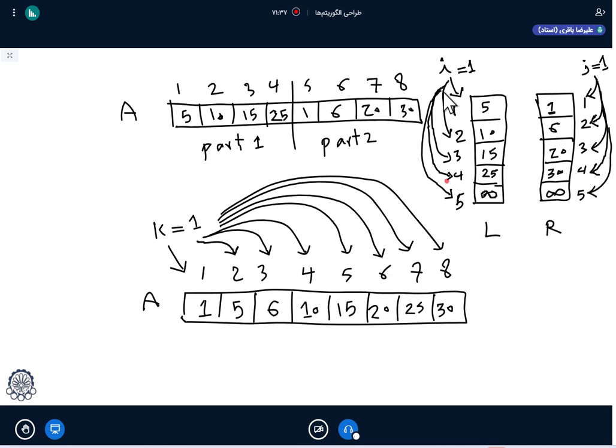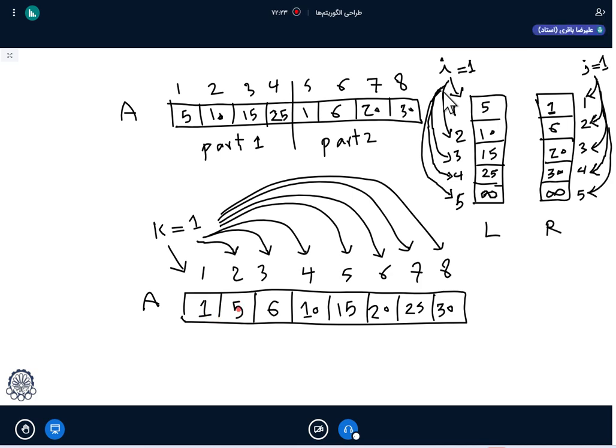At last, index I is the index of the infinity in L, and index J is the index of infinity in R, and all of the elements of L and R are copied into A. Because in each step we copy the minimum one between the elements of L and R, the elements of L and R are copied into A from minimum to maximum, and they are in sorted order.